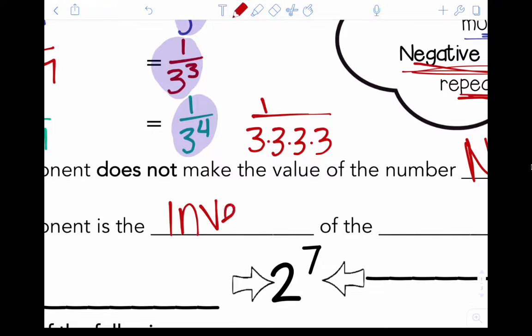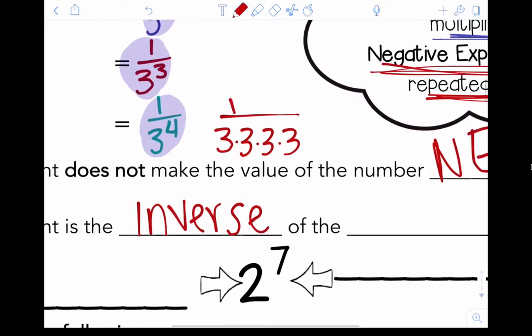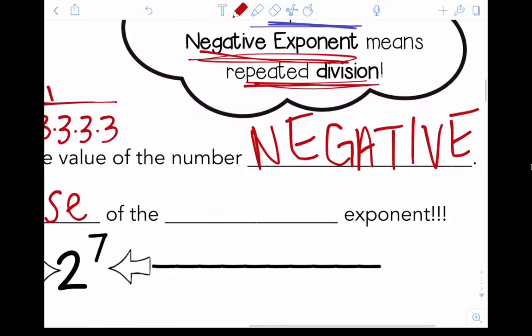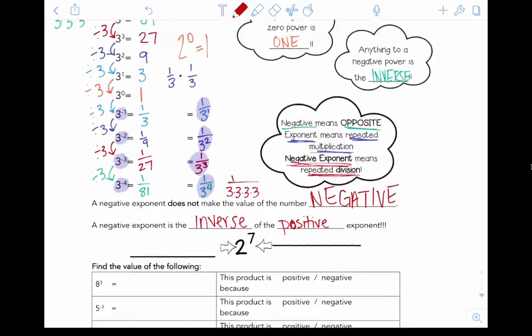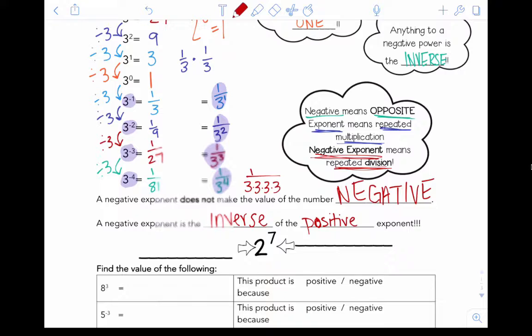This is the inverse of the positive exponent. So when we were looking at the inverses just a minute ago, I said we're not paying attention to the negative in the exponent. That's just because the negative in the exponent tells us to take the inverse of the positive exponent.